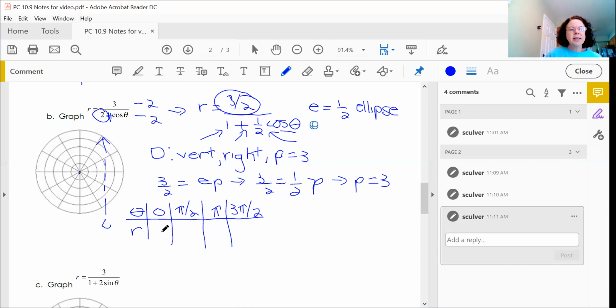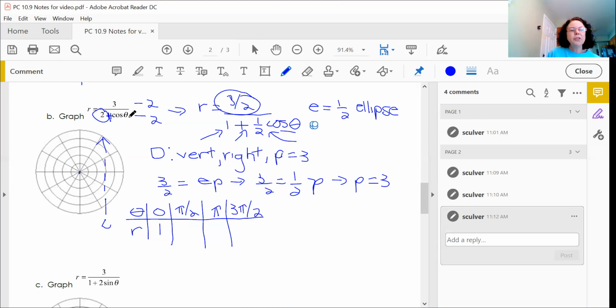Using our angle measures, let's get our radius. You can either use the formula we wrote by dividing by 2, or you can use the original. Either way, you'll get the same answer. I'm going to use the original just because there's not as many fractions. So when I put a 0 in, cosine of 0 is 1. 2 plus 1 in the denominator is 3. 3 divided by 3 is 1.